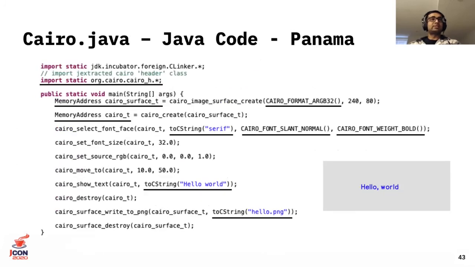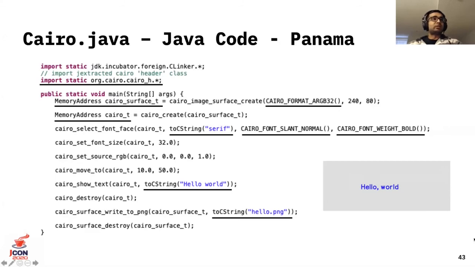And here we can see the libcairo example transformed into using the jar file generated by jextract. Most of the differences are underlined. First, we have imported the cairo_h class. It has the static functions to invoke the C functions and macros from the native Cairo library.